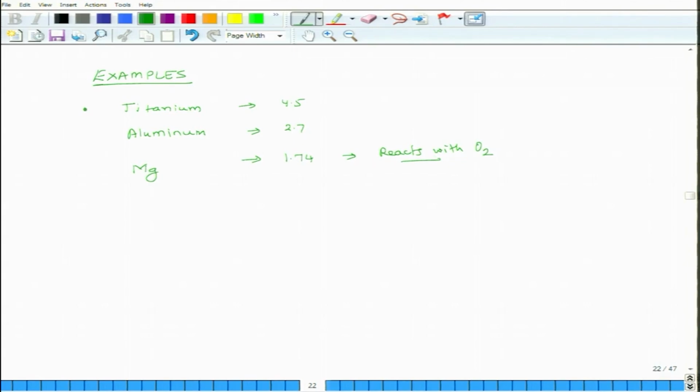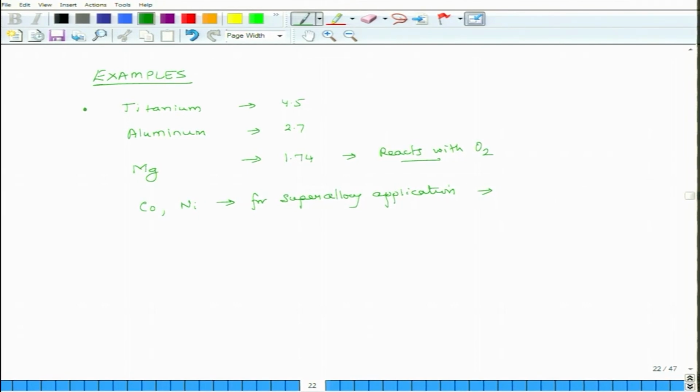Then there are some superalloys. There you use metals such as cobalt, nickel for superalloy application. Where would you use them? Where you need strength as well as high temperature application, as in aircraft gas turbines where temperatures are very high.